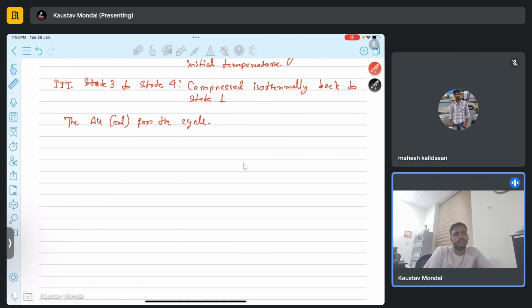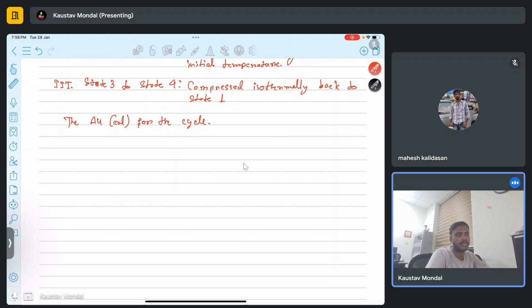The initial state is mentioned to be at STP. STP means standard temperature and pressure, that means temperature is 273 K and pressure is 1 atm. First the temperature becomes twice, so T2 will be 2 into T1.